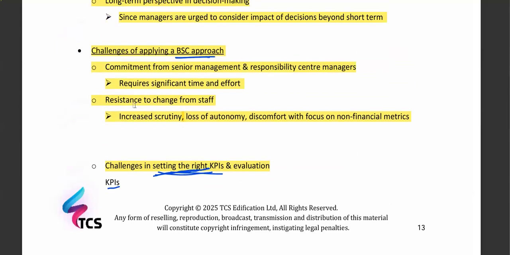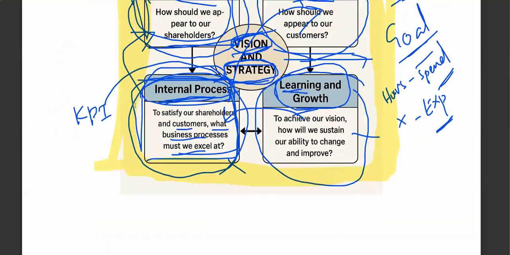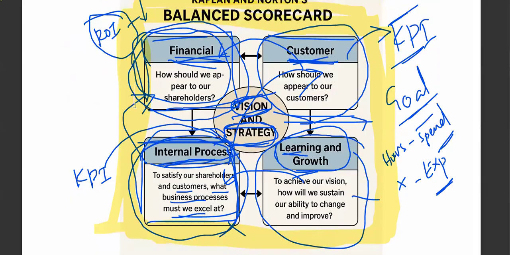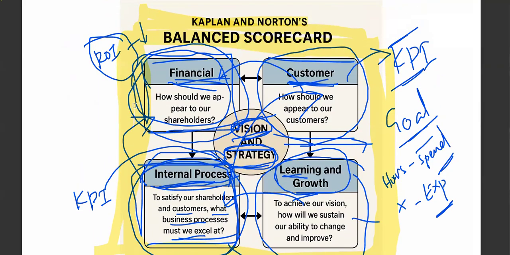It's not going to be easy to identify what would be internal process related KPIs for a business which is into repairing and servicing PCs. It would not be easy for you to come up with KPIs with regard to innovation. To what extent can you be innovative within the repair and servicing sector? And how is it that you're going to measure customer satisfaction?